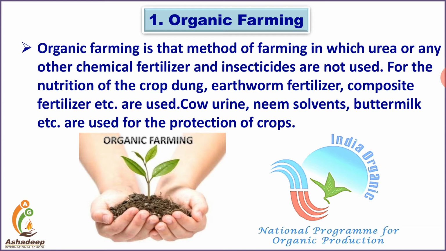The urine of a cow and neem solvents are bitter in taste, and buttermilk is acidic in nature, which will help the crop gain and sustain its natural elements, right? In short, we can say that in organic farming, modern chemical fertilizers and insecticides are avoided totally.